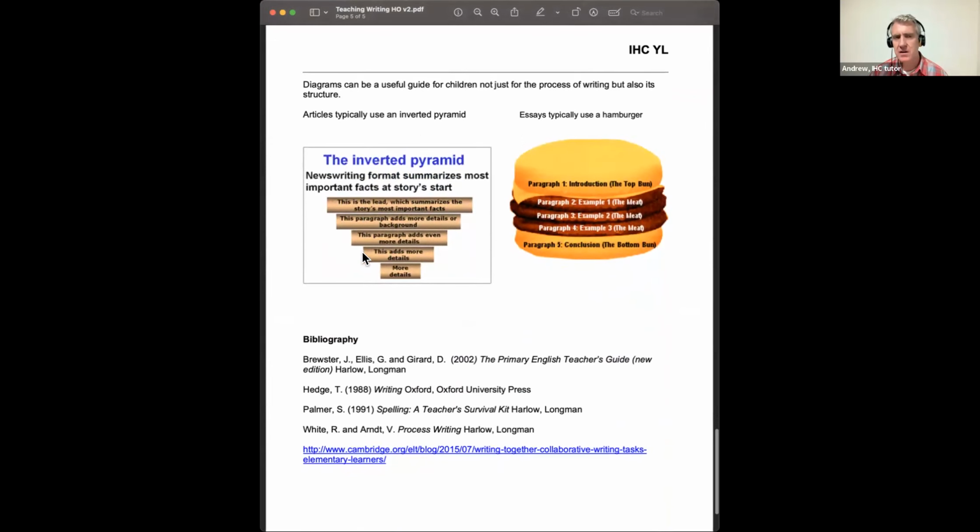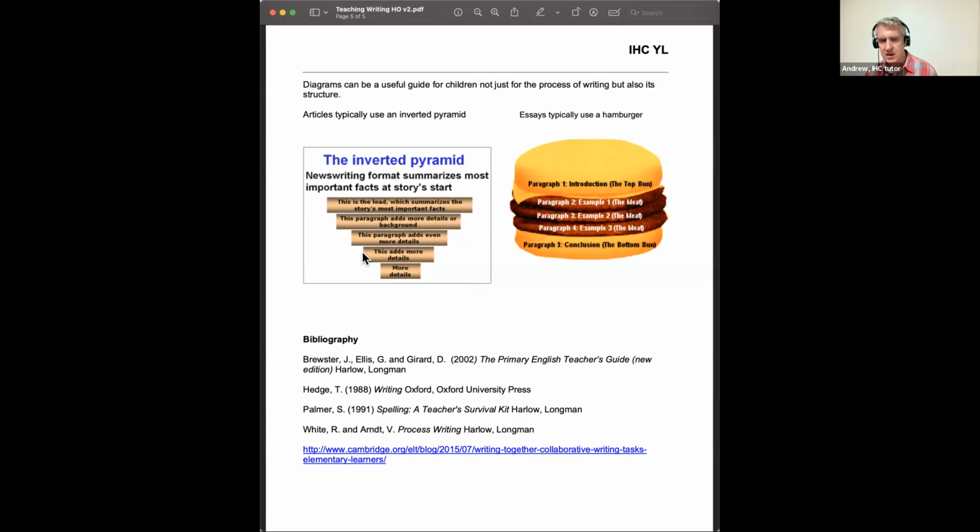All right, and then finally, diagrams can be useful as a guide for children, not just for the process of writing, but also its structure. So articles use an inverted pyramid. These are often used in newspaper articles. The first one is the lead, which summarizes the story's most important facts.